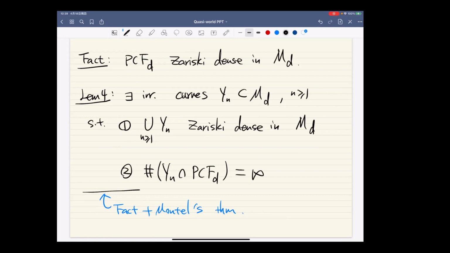This gives a one-dimensional family in MD, and then use Montel's theorem. It's not so hard to show that this free critical point can become periodic for infinitely many parameters.